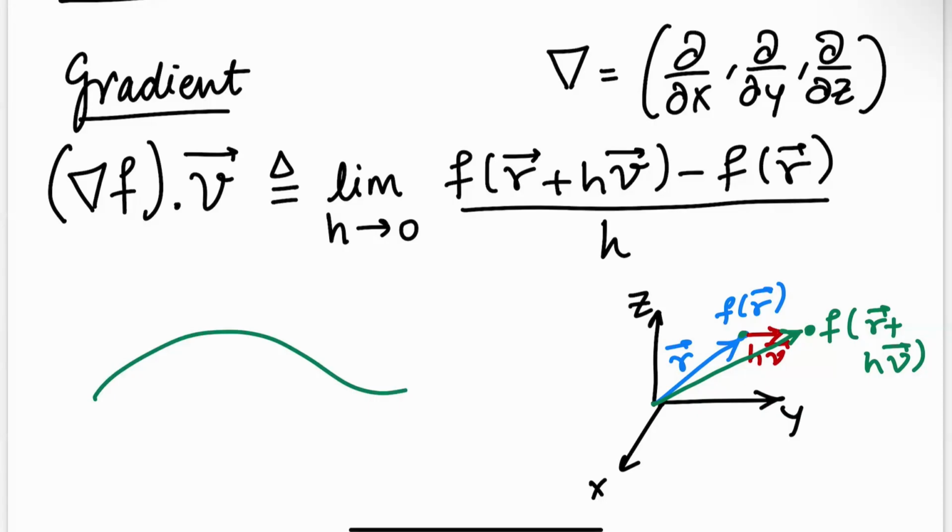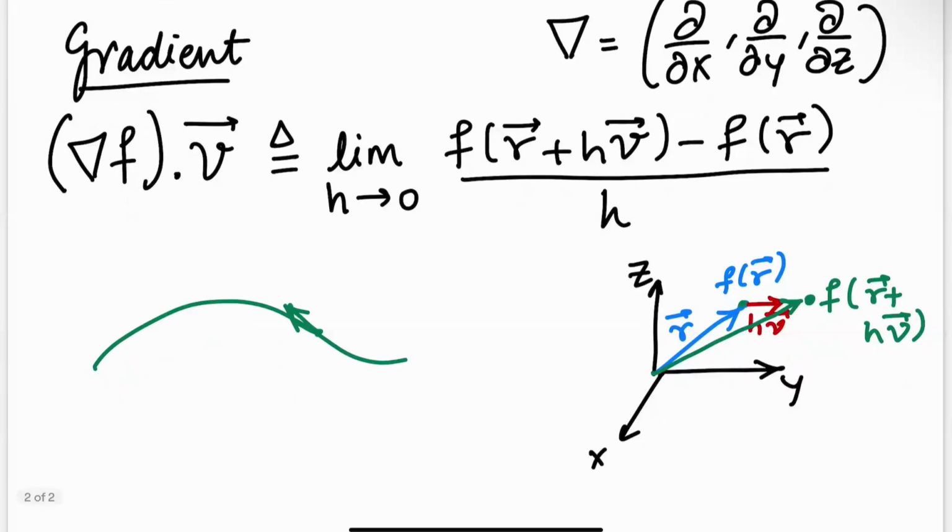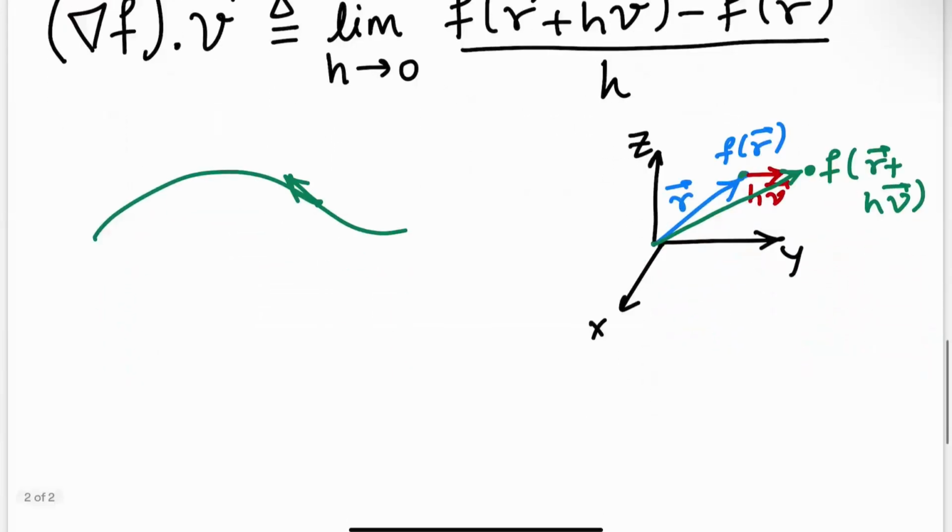This is a 1D hill. You're standing here. You want to find which direction is the steepest ascent. Let's say it's this direction. And that's essentially what the gradient is. It's telling you in which direction the function is changing fastest and by what value, right? So there's a direction and a value, and that's why it's a vector quantity. Okay, so that's about gradient.